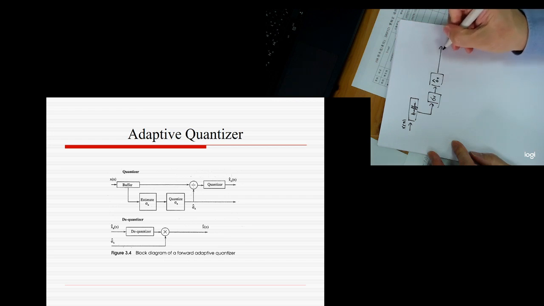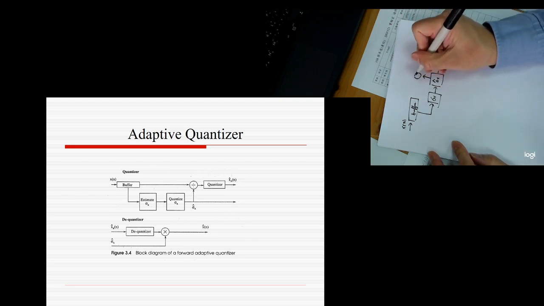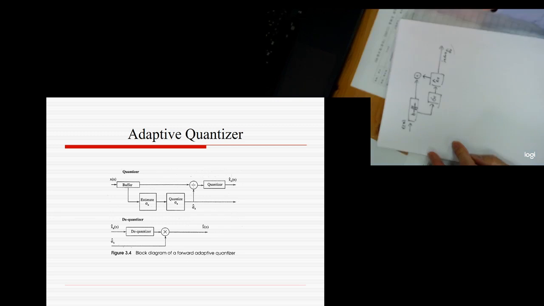So what we send out is an index, an encoding bit, not the quantized value. This quantized value is then used to do the division on your signal.